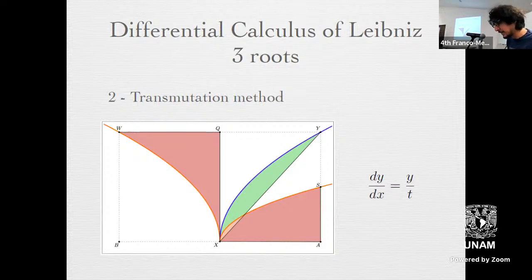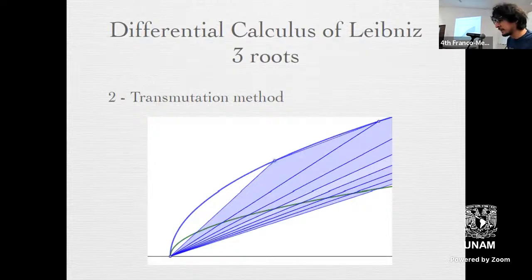For this, I made an animation too. You see, you make many triangles. You make them smaller and smaller, and then you apply the transmutation method, and you obtain another curve. This curve is the transmuted curve. In some cases, you get new curves that you can compute on when the first curve you can't. That's the case of the circle.